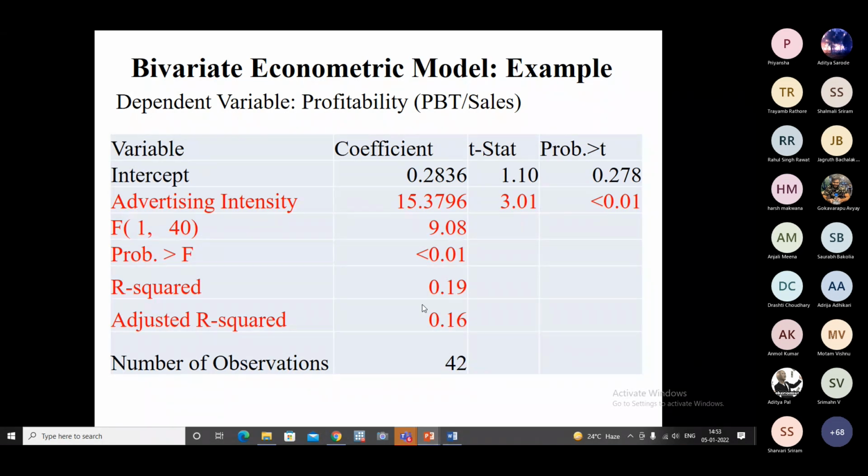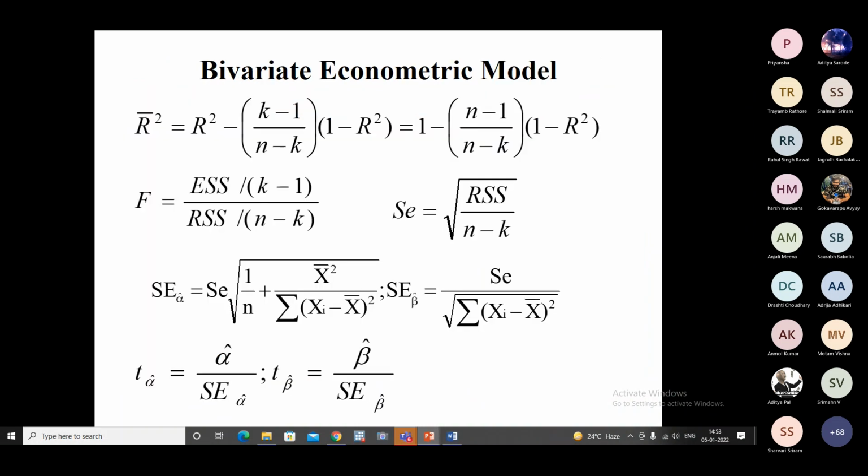Adjusted R square is basically R square adjusted for degrees of freedom. I can show you the formula. This R bar square is basically the adjusted R square, and here it is being adjusted for degrees of freedom. You can see.